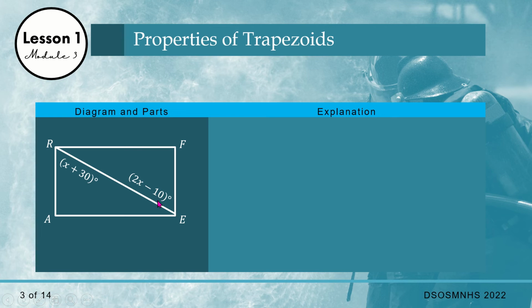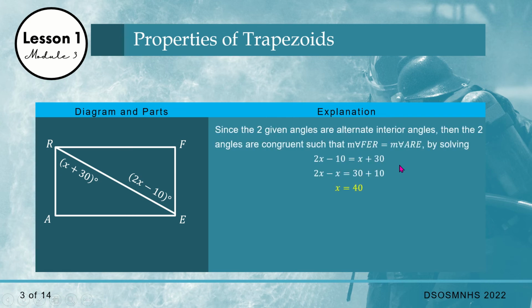So if you recall the first module of the third quarter, this is part of what we call a transversal, no? A transversal line creates alternate interior angles. So angle ARE is congruent with angle FER. So that will be part of our solution and its explanation.